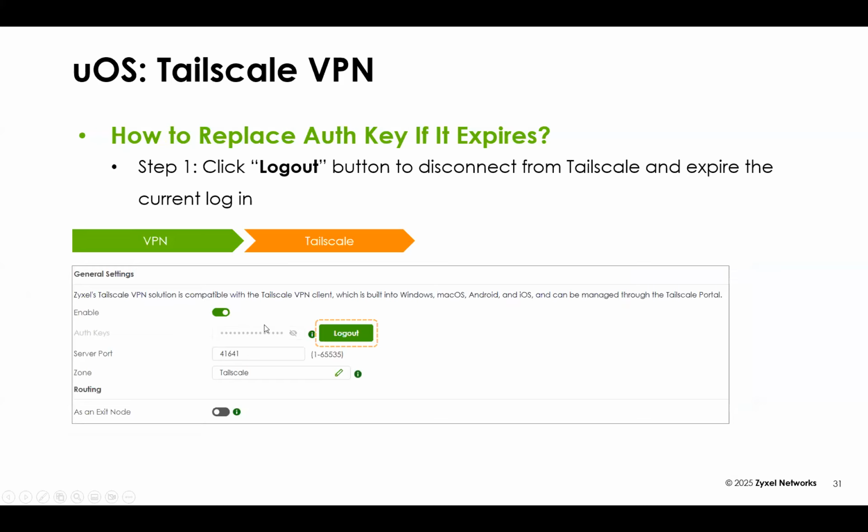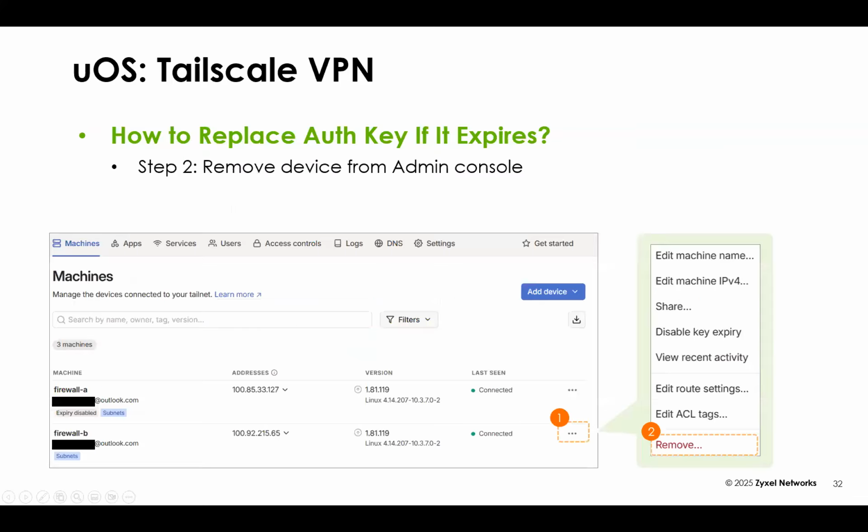This is going to log out the device from the Tailscale VPN network. That's why there's this log out button. Once it's expired, you're not going to be able to log in, so we're going to force it to log out, and it's going to expire the current login for that device.